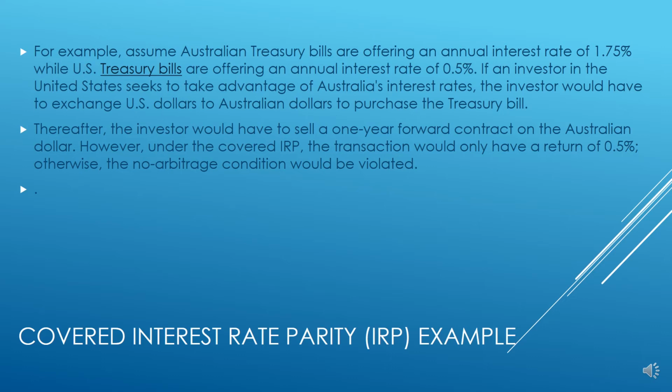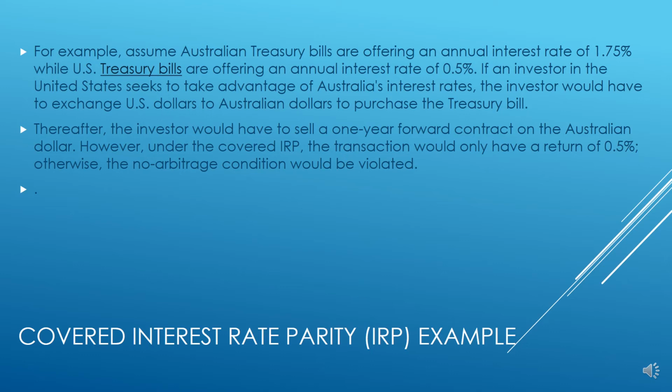So investors will still be indifferent among the available interest rates in two countries because the forward exchange rate sustains equilibrium such that the dollar return on dollar deposits is equal to the dollar return on foreign deposits, thereby eliminating the potential for covered interest arbitrage profits. Furthermore, covered interest rate parity helps explain the determination of the forward exchange rate.